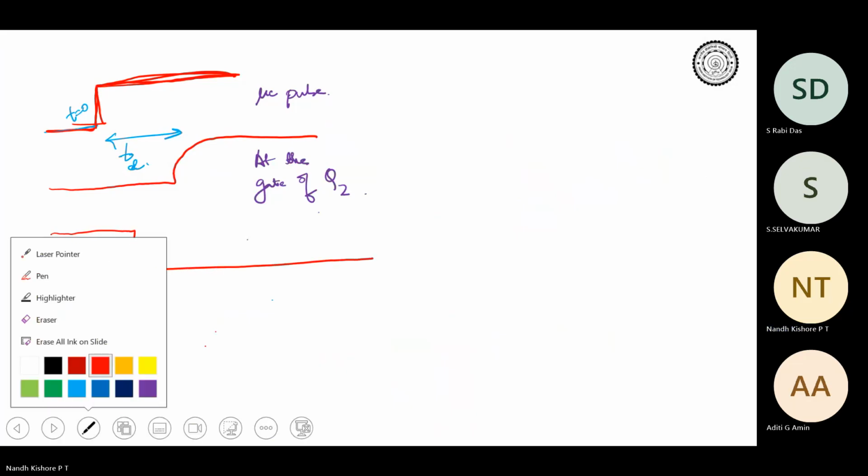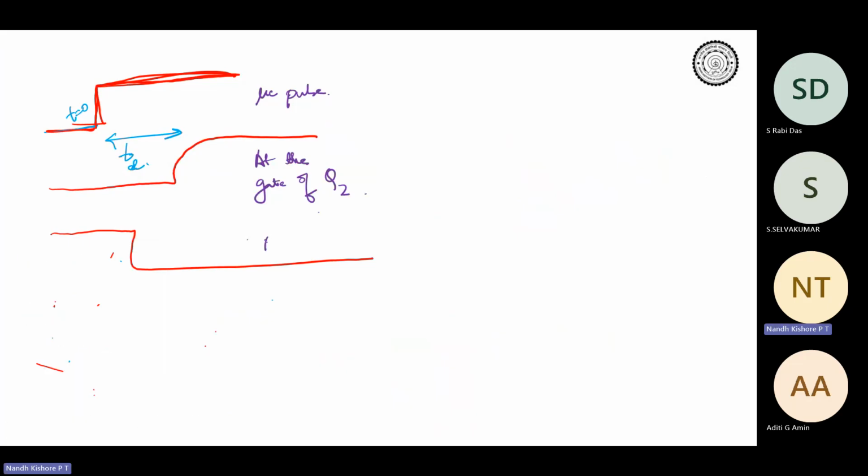This is the NMOS pulse. So you see that there is a definite time during which your NMOS gets disabled. Do you understand this? There is a specific time during which the NMOS is getting disabled.